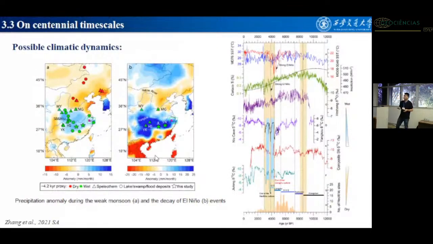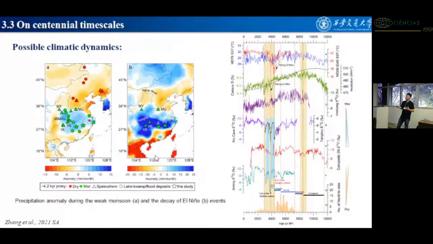The possible climate dynamics: when the monsoon decreases, North China is dry and South China is wet. During El Nino years, we can also see North China dry and South China wet.